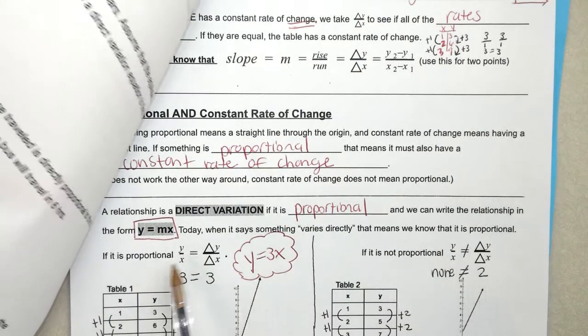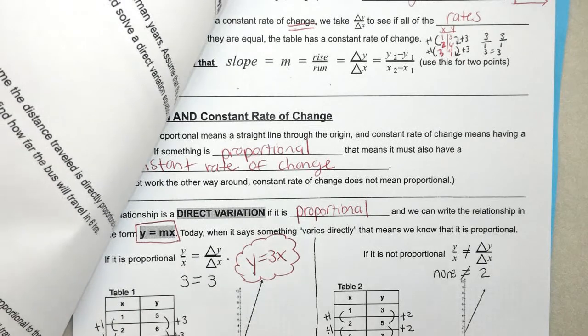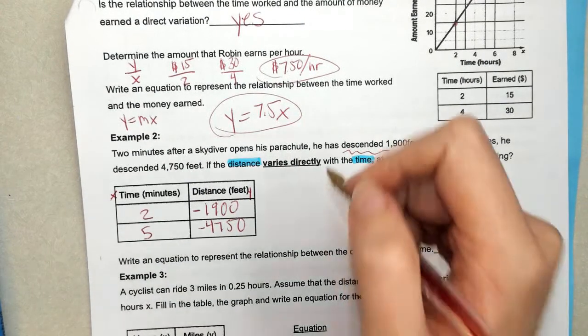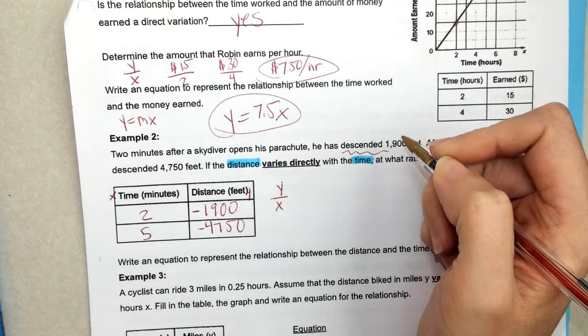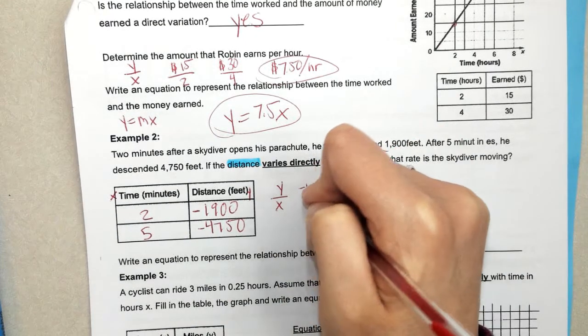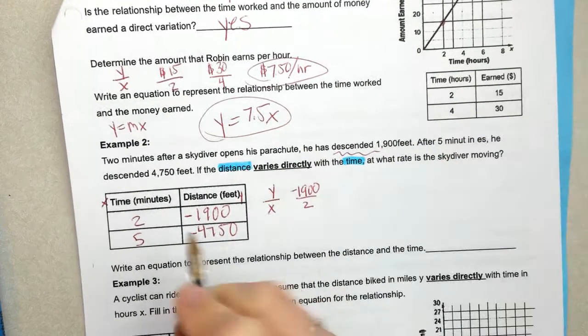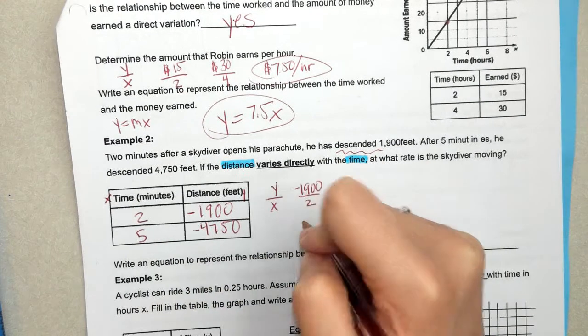So in order to do this, I can either do y over x or change in y over change in x. I can do it either way. When I look at this, we can do y over x, and I can do my negative number over that positive number. Make sure you're lining up the numbers correctly. Don't try to match this way.